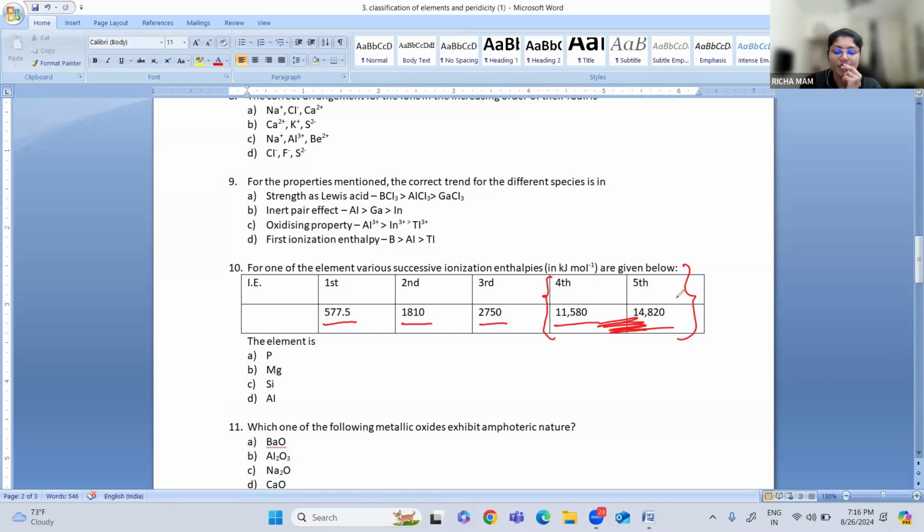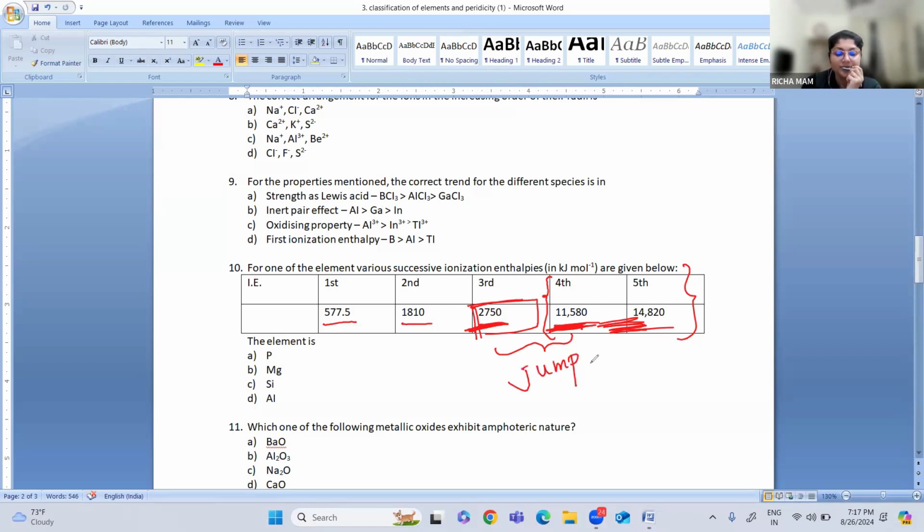Now when you compare the data and the elements, between the third and fourth ionization energy, what you can see: this is 3,000 and here it is 11,000. So much jump, right? 3,000 is one value and 12,000 is so much more. So between the third and fourth there is a higher jump in the values.